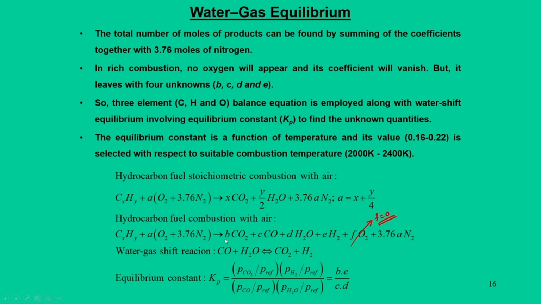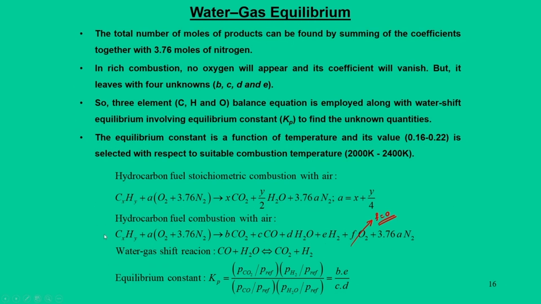The products will have the presence of CO2, CO, H2O, H2 as well as N2, and we have 4 unknowns, that is B, C, D, E, but the atomic balance only gives equations for 3 elements: carbon, hydrogen and oxygen. So, we require another equation to find all the stoichiometric coefficients.